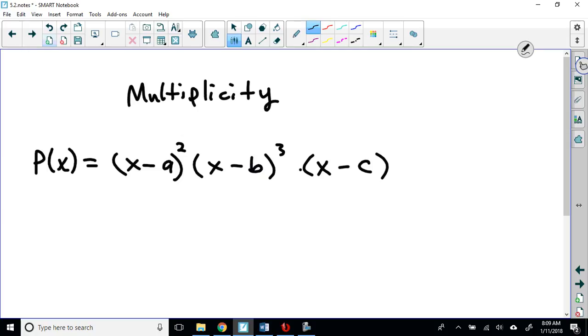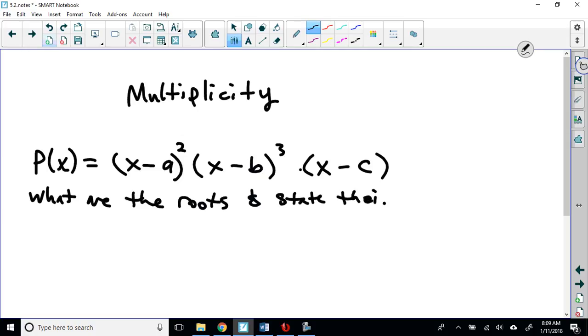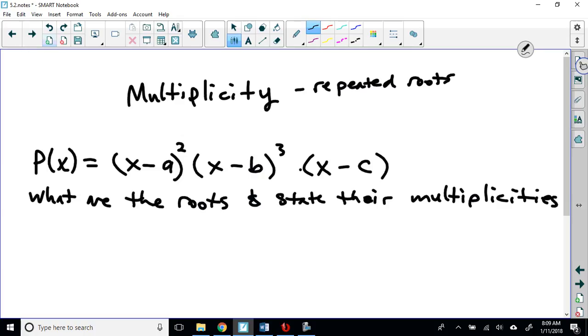So the question might be, what are the roots and state their multiplicities? This multiplicity just means repeated roots. When we talk about their multiplicities, we're really talking about the number of times the root's repeated.